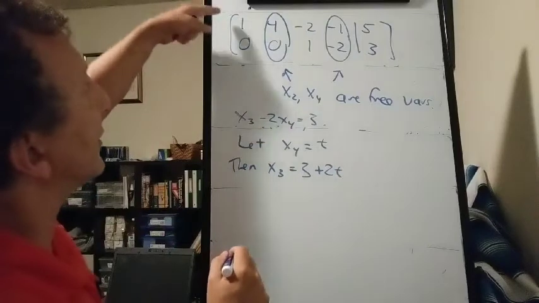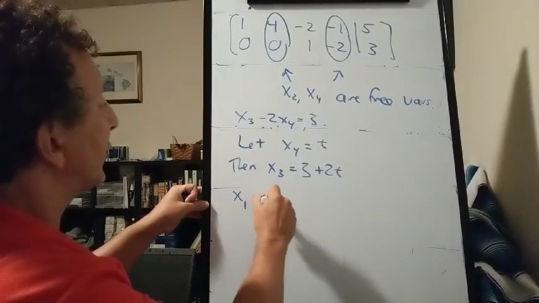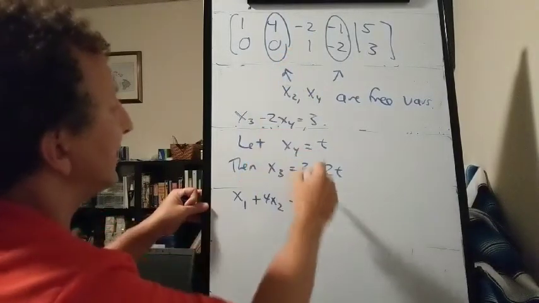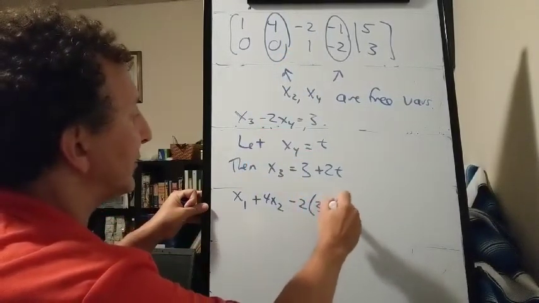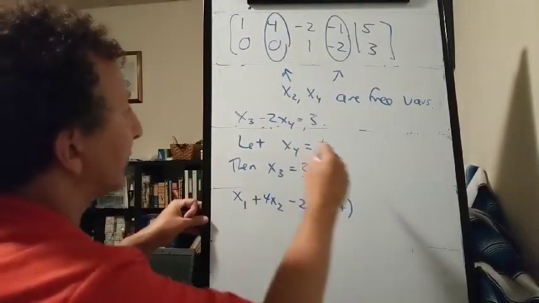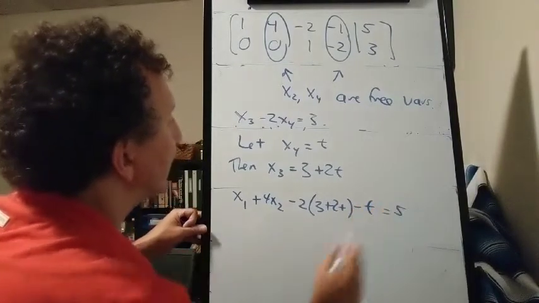And then we go to the next equation, x1 plus 4x2 minus 2x3. x3 is 3 plus 2t. Minus 1x4, x4 is t, equals 5.